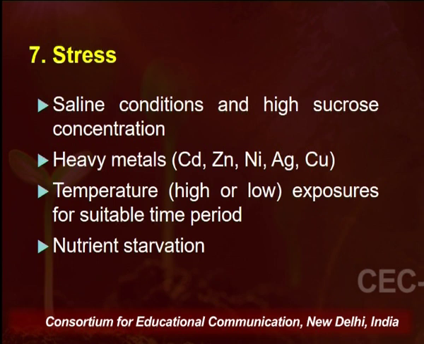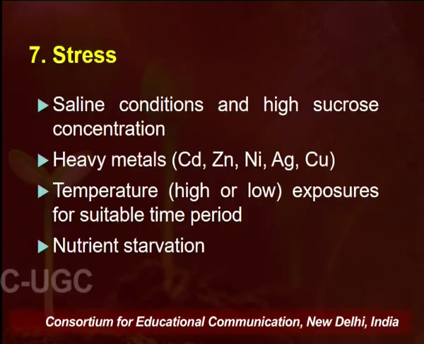Then temperature. The exposure to temperature for a suitable period of time will vary from species to species. Some plant species' cells prefer exposure to higher temperature, whereas cells of certain species will favor lower temperature exposures for a shorter or longer period of time.